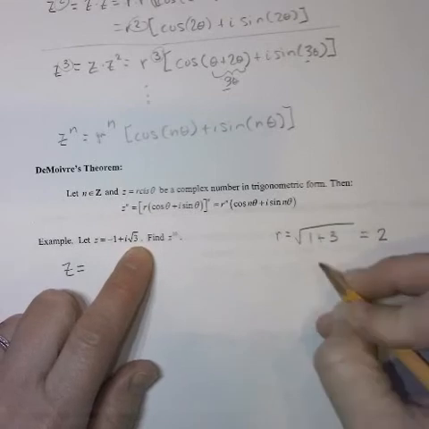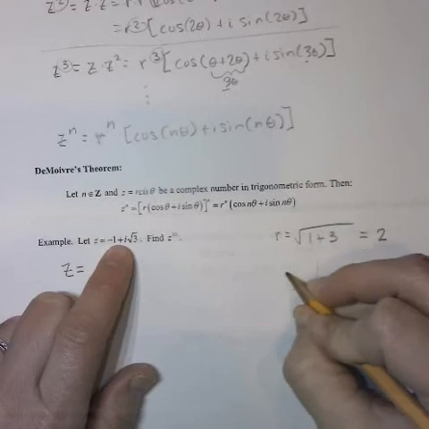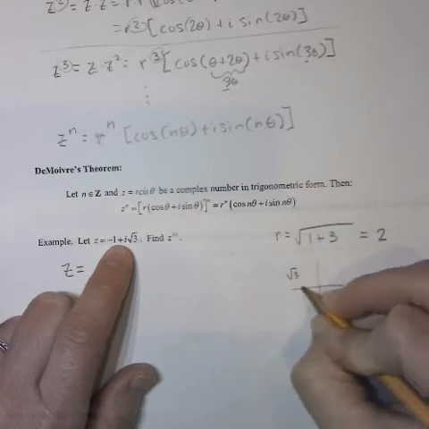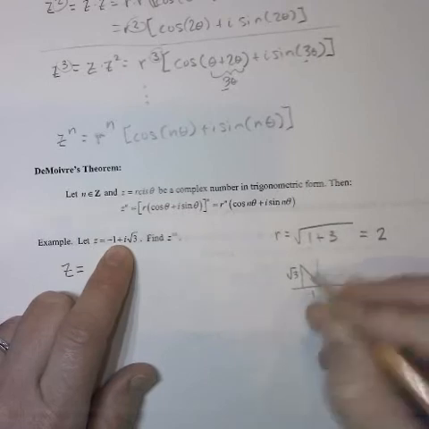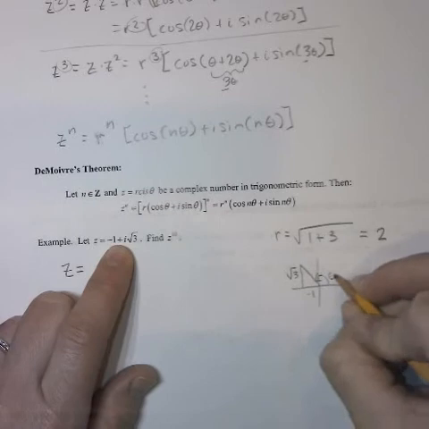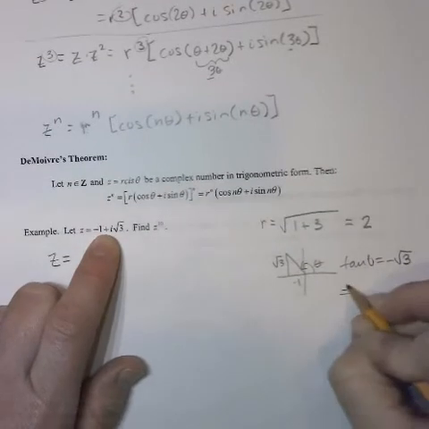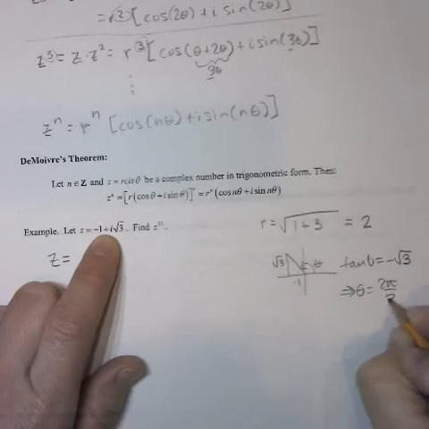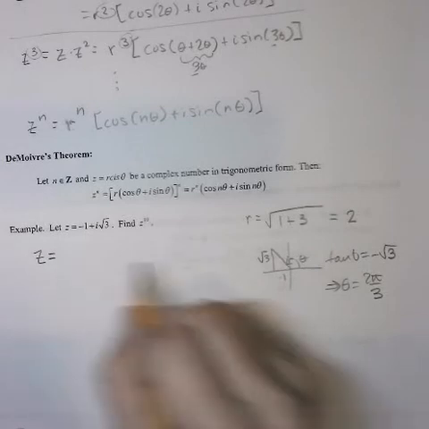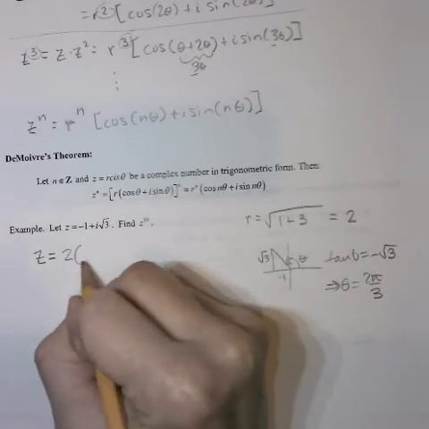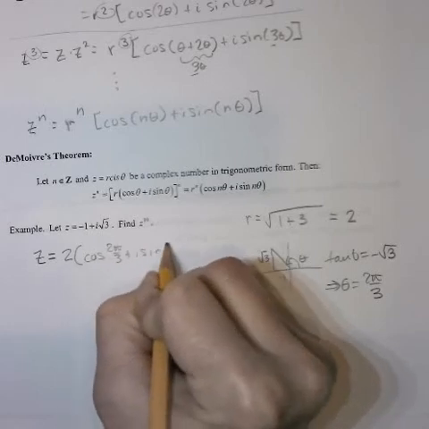And then theta, so the point would be negative 1, square root of 3, so in quadrant 2, and the tangent of theta is negative square root of 3, which implies theta is 2 pi over 3. So this will equal 2 times the cosine of 2 pi over 3 plus i times the sine of 2 pi over 3.